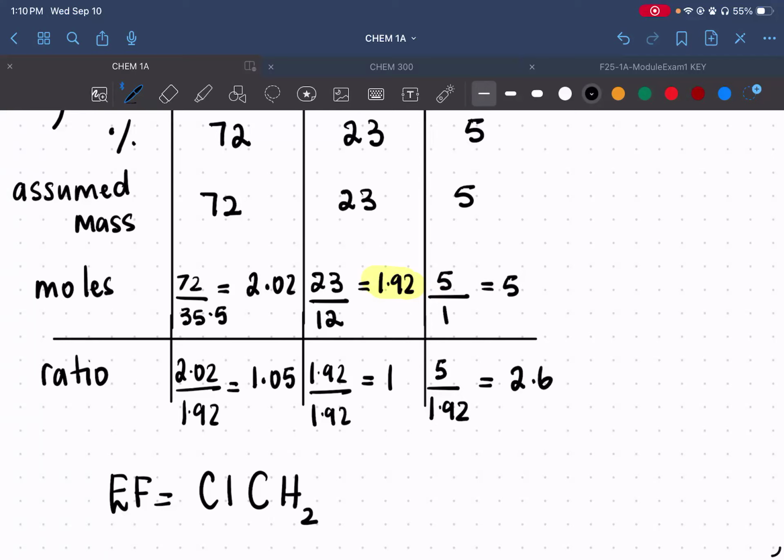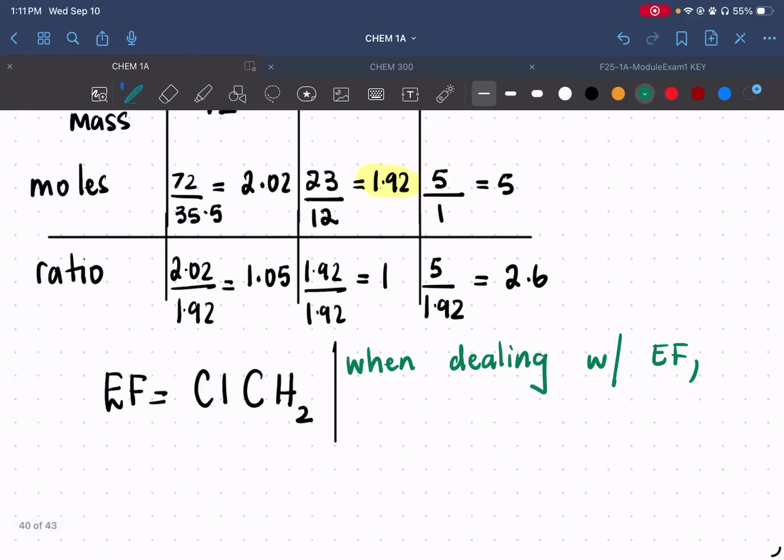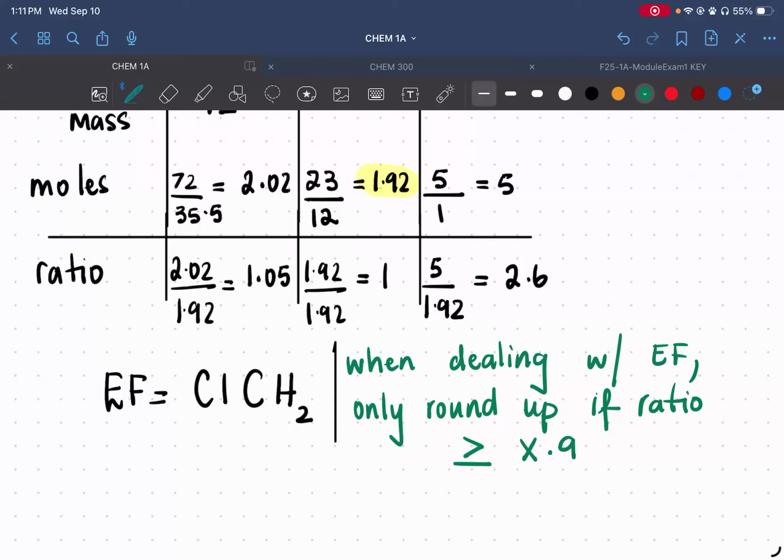The reason is, when dealing with empirical formulae, you only round up if the ratio is greater than or equal to 0.9.